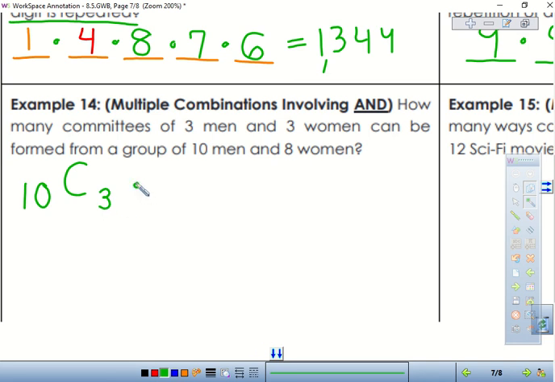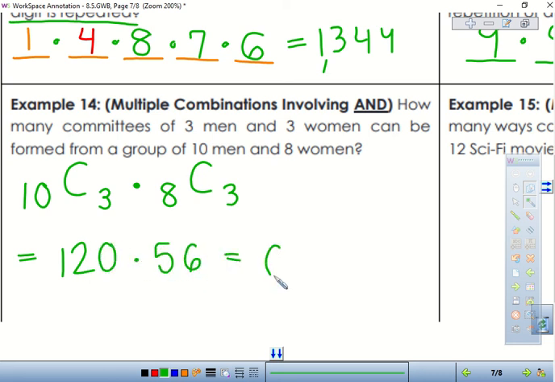Times, because we're also picking women. How many women do we have total? 8. Good. 8C3. If you do those calculations in the calculator, this one comes out to be 120 times 56, which is 6,720.